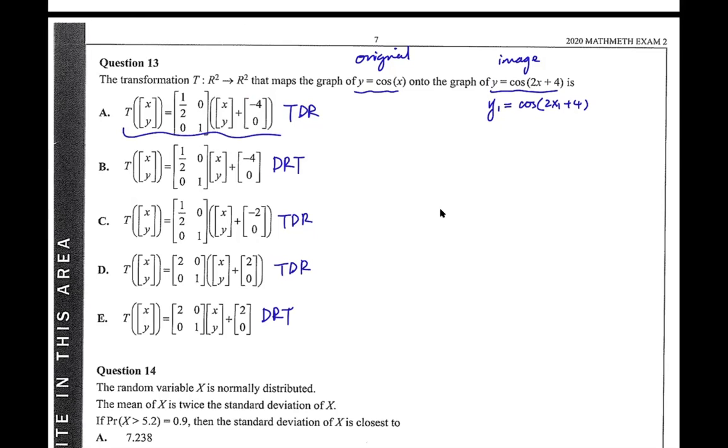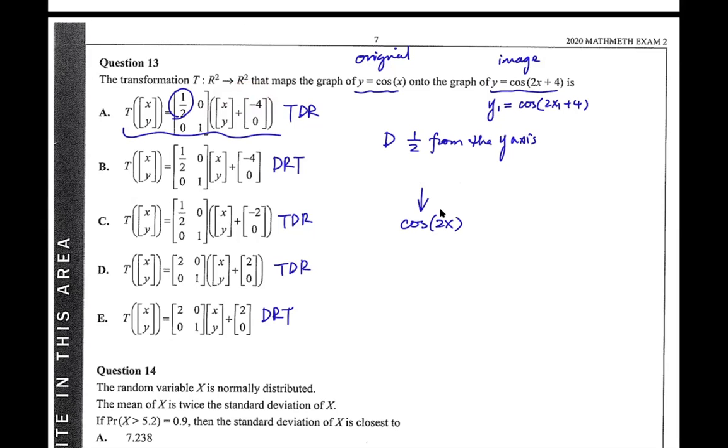So let's try this one first. This half means dilation factor of half away from the y-axis. It will make cosine of x map to cosine 2x, okay? But considering the order, it's x minus 4. So we can't just apply the dilation.